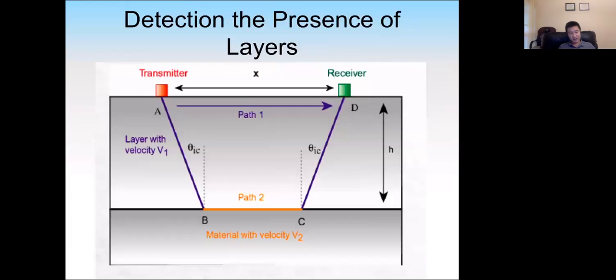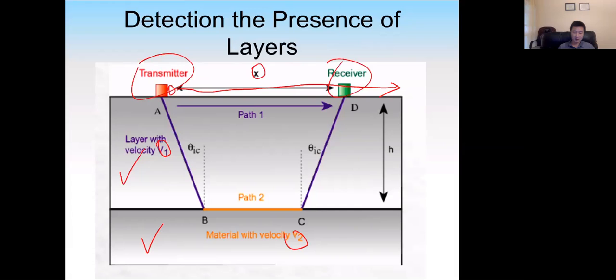All right, so let's say we have a transmitter here and a receiver here. These are two materials, material 1 and material 2, and V1 is less than V2. Let's move the receiver from here to here, and we can measure things. One is x, the distance between the receiver and transmitter.